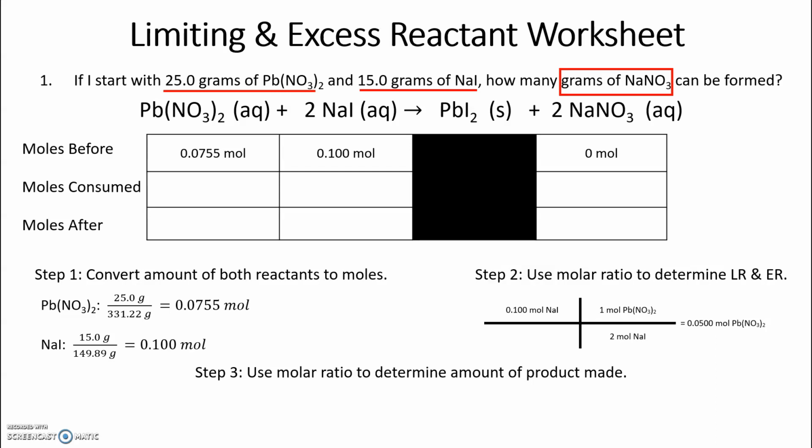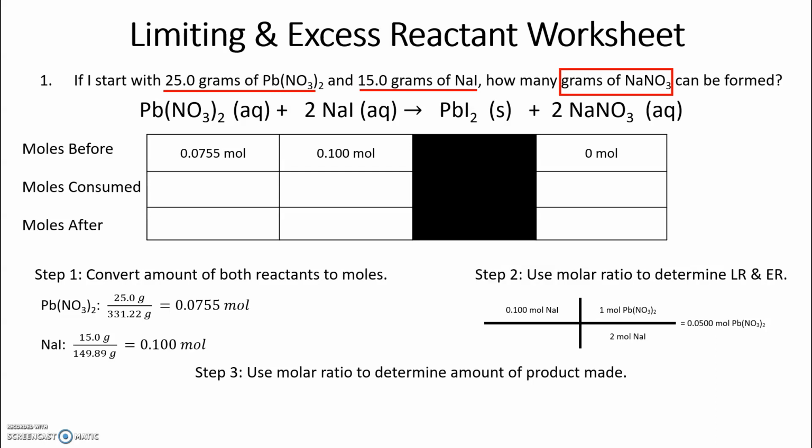And then on top, we want to convert to moles of lead nitrate. So if we look at our balanced chemical equation, you'll notice that for every 1 mole of lead nitrate, there's 2 moles of sodium iodide. So when we multiply across the top and divide by the bottom, we end up with 0.0500 moles of lead nitrate.